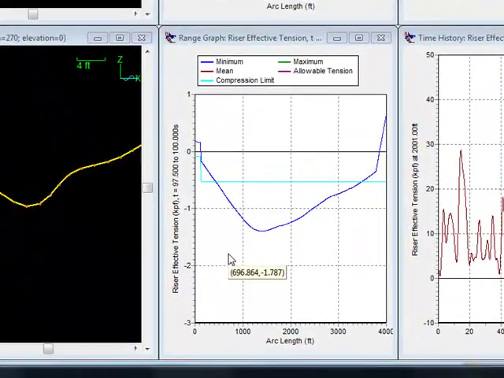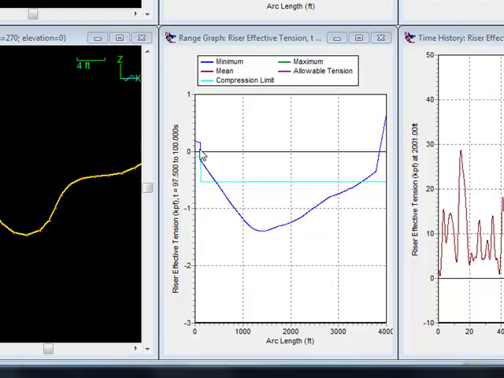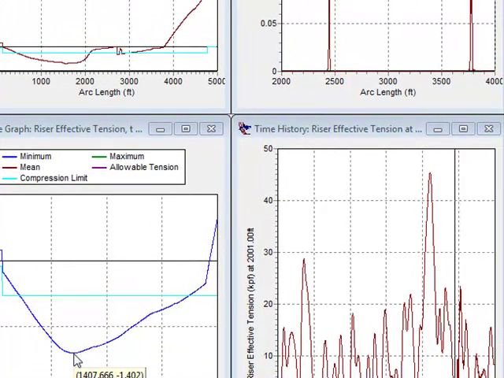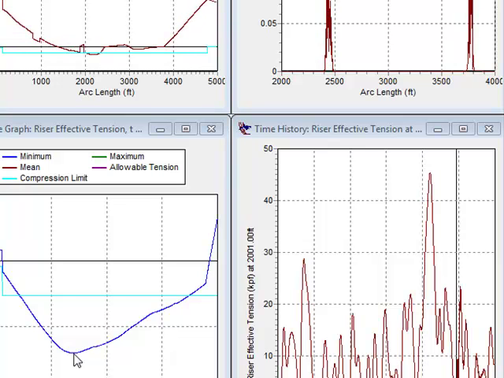Now I've shifted the screen over so that we can see the comparable graph of compression or negative tension, and we see it reaches a negative maximum of 1.4 compared to the negative 1.6 we had with the coarser model. So in this case, our finer model is showing us a more realistic but slightly lower compression than we had in the coarse model. The coarse model can be concluded as being conservative in its estimation of maximum compression values.